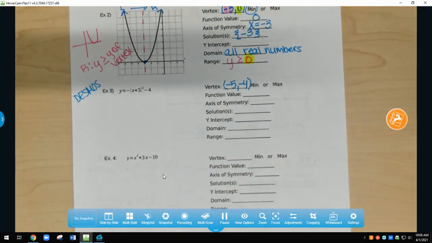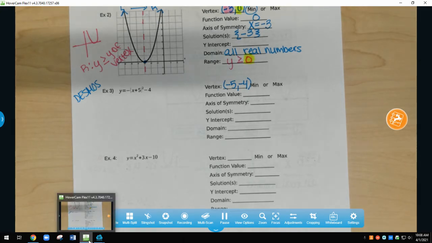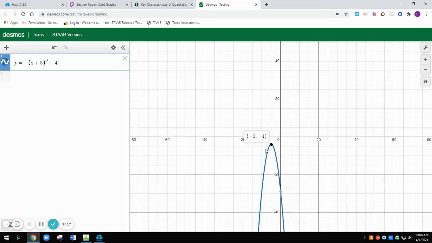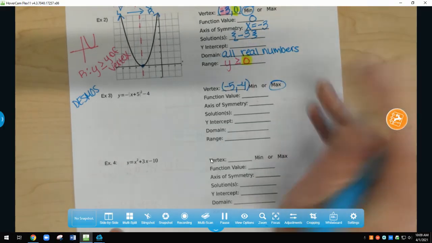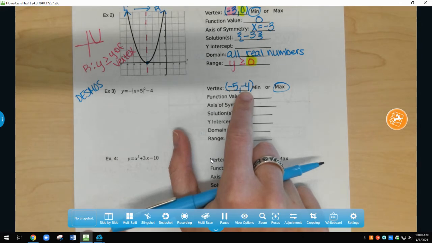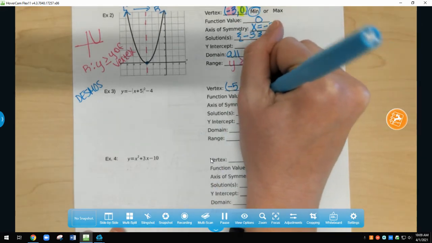Okay, that graph opened down, okay? So our vertex is a maximum because that's the highest point. Okay, the function value, remember, is the y of the vertex, so -4.